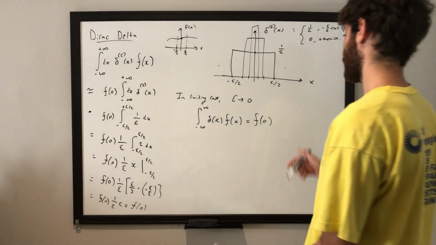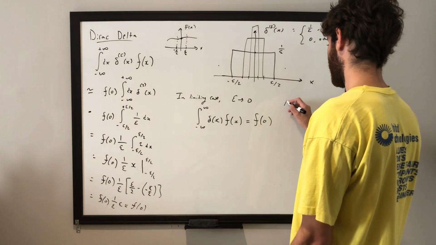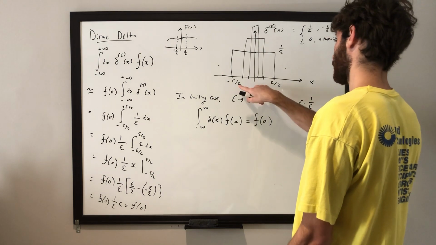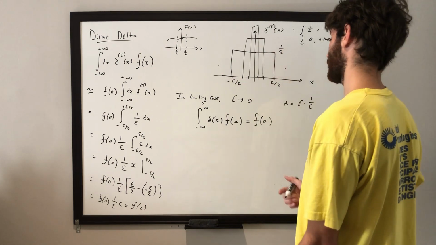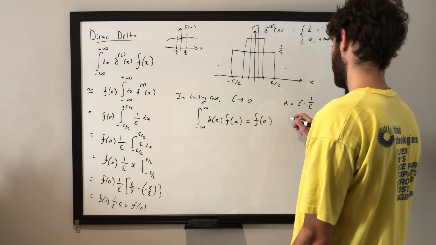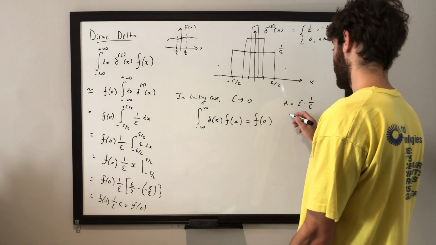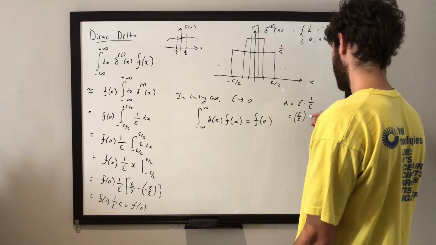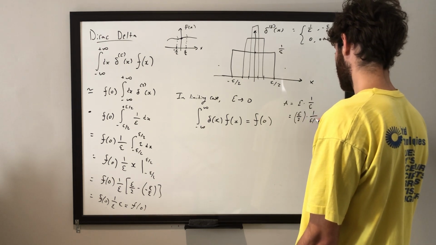And I mean, the way you could see that is if we just compute what the area is, right? The area is epsilon times 1 over epsilon. This is epsilon, the height's 1 over epsilon. So in the case where I send epsilon to epsilon over 2, then this becomes 1 over epsilon over 2.